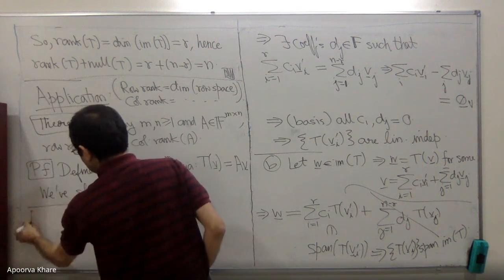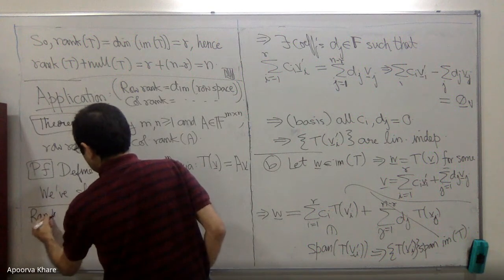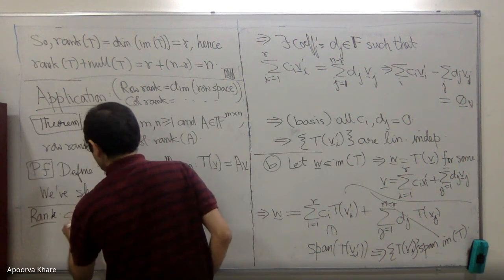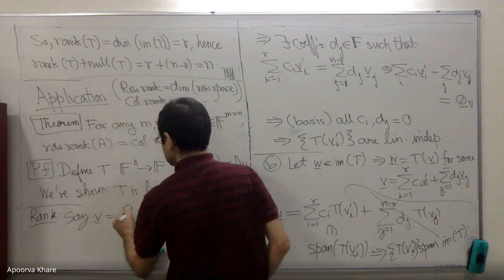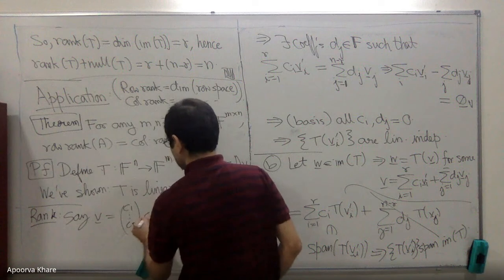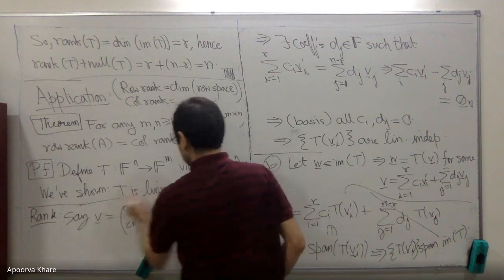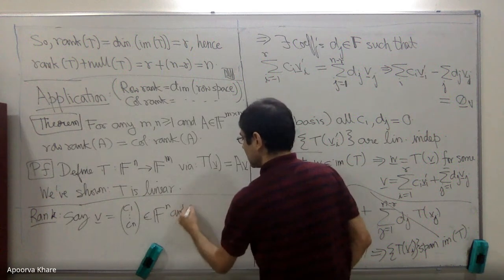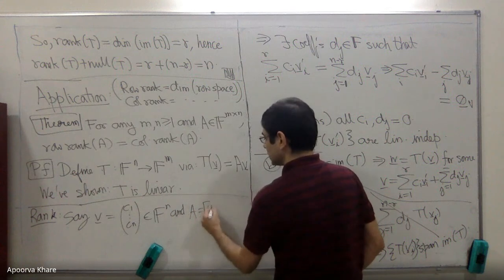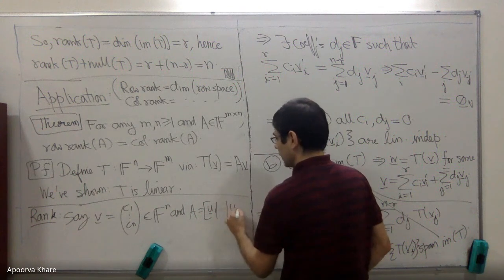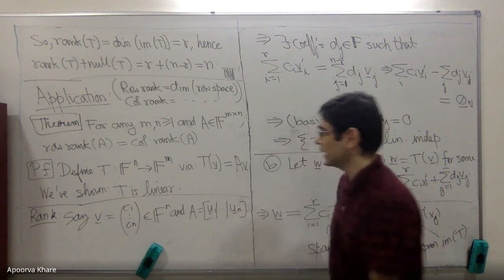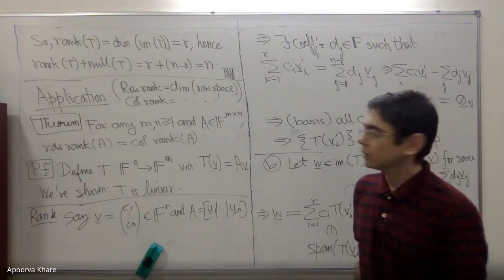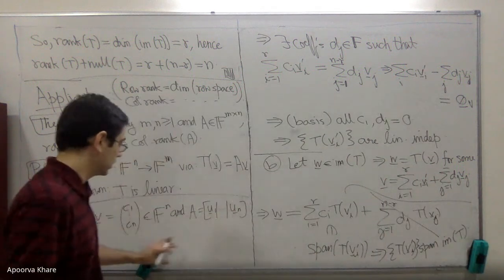So first of all, the rank. Say V equals C1, C2, ..., Cn belongs to F to the n, and A, I write it down as U1, ..., Un, the columns. Let's write down the matrix A as columns. I'm starting with the matrix, I write it down in the columns form.